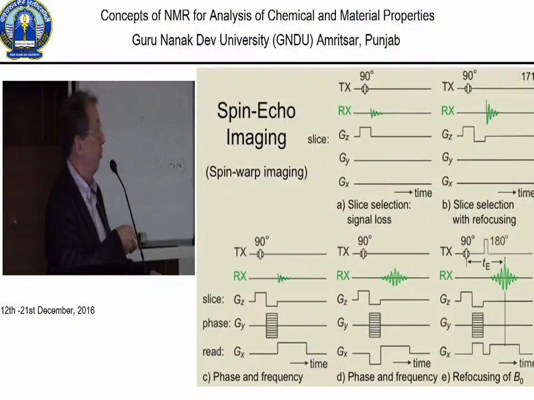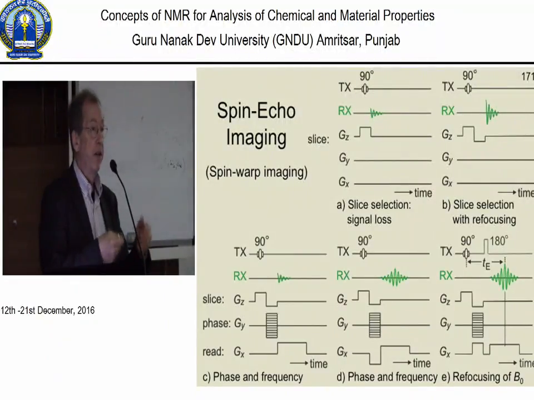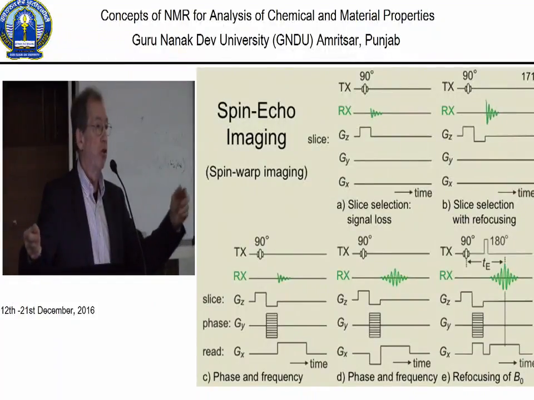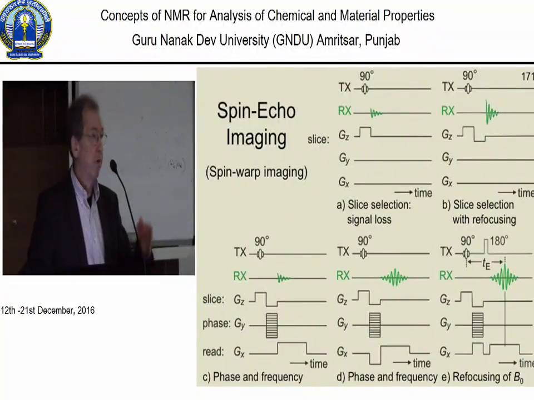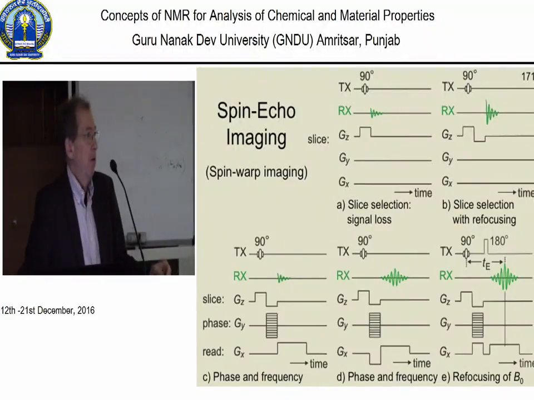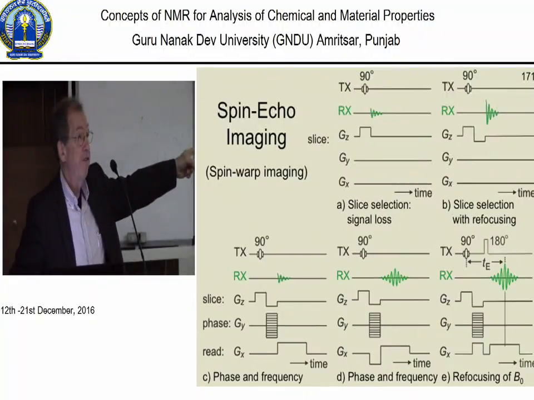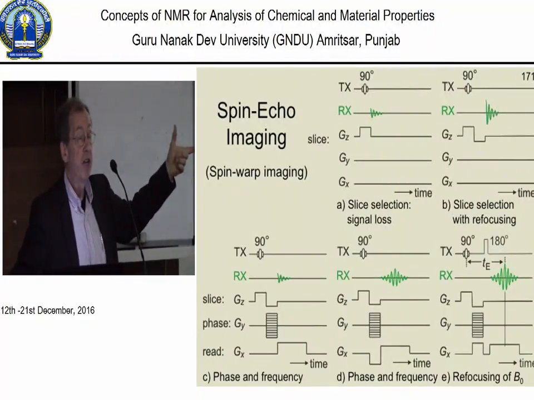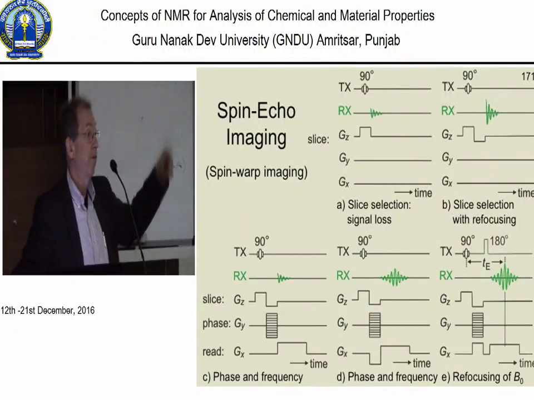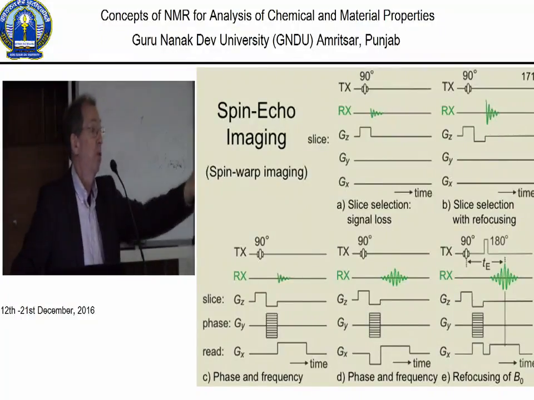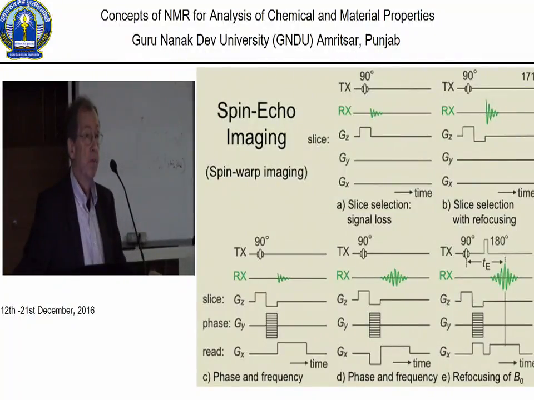Then that was introduced to get rid of these magnetic susceptibility field distortions, because then the image has better resolution. And everybody was so convinced, they said, we need to do this. But then you need to wait 5T1 between each scan, which is something like 5 seconds. And you end up with 20 minutes measurement time.